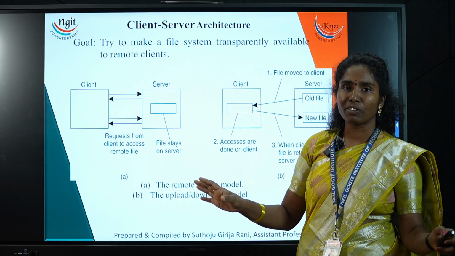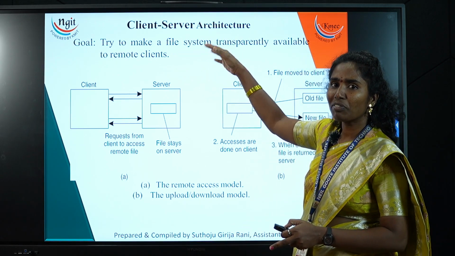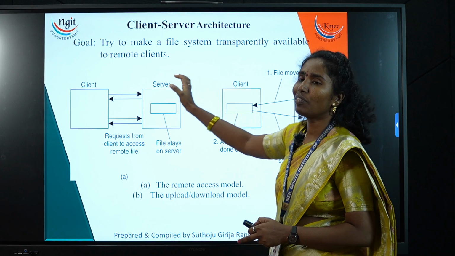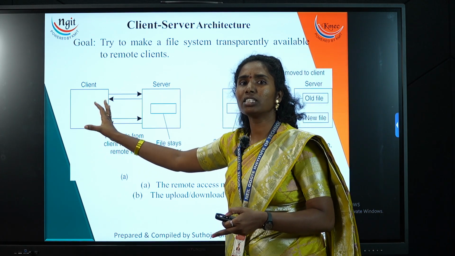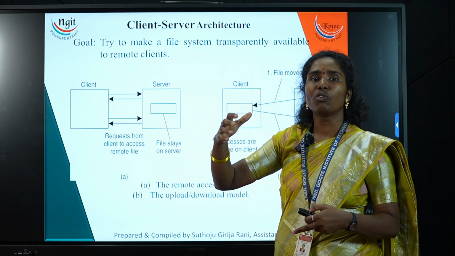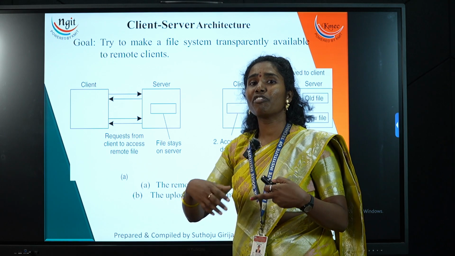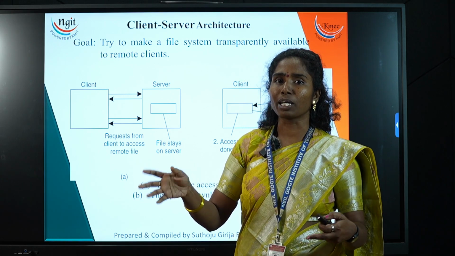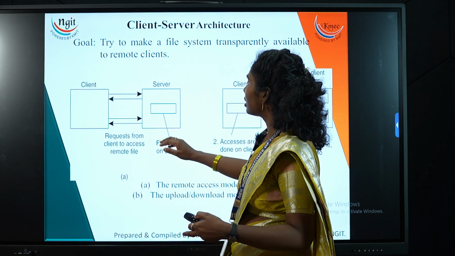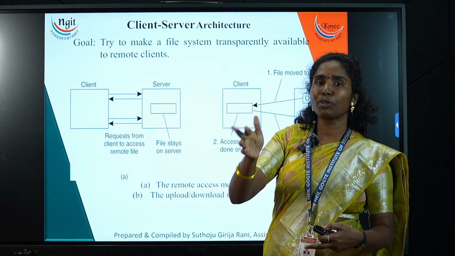Now, why are we discussing client server architecture? When we deal with a few operations from client to server, we need to know which file is located at what location, right? There will be files remotely available, and this kind of thing we can manage by the distributed file system concept.